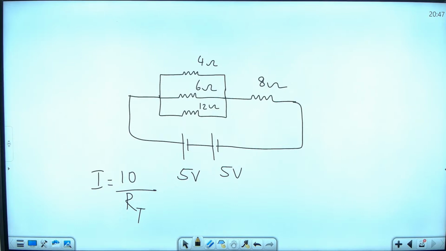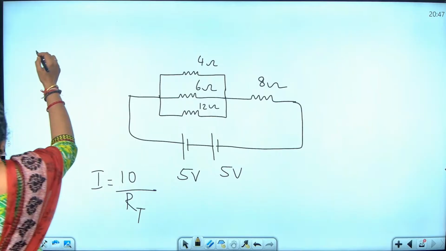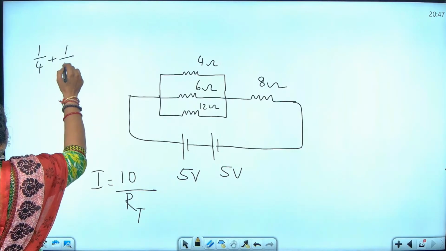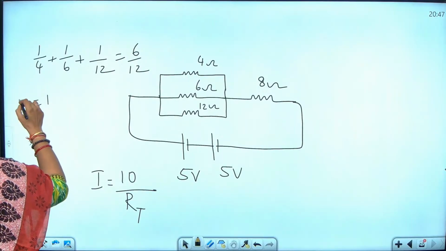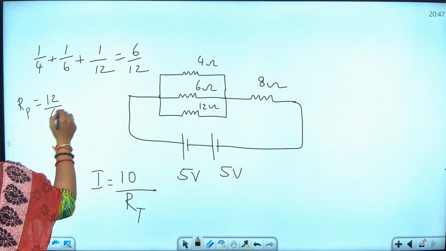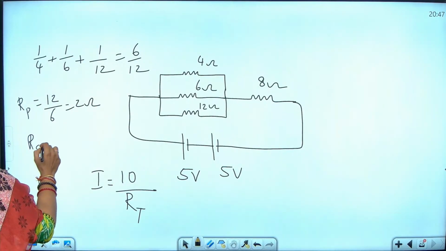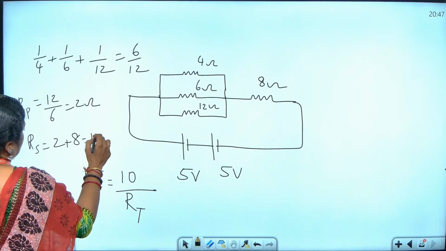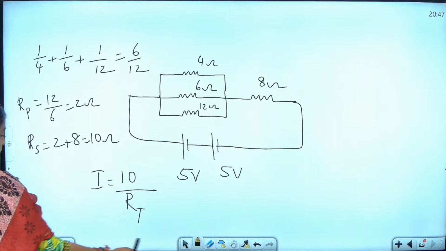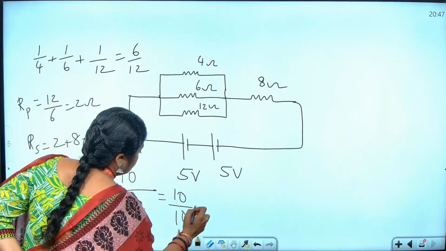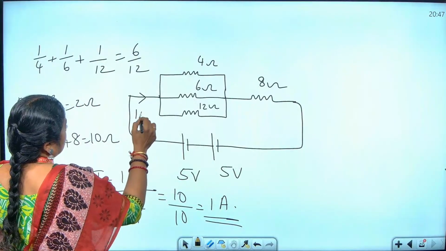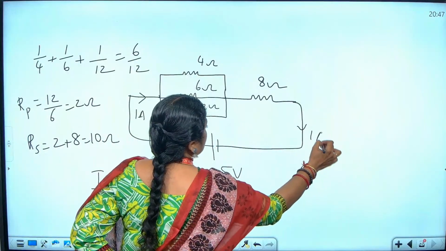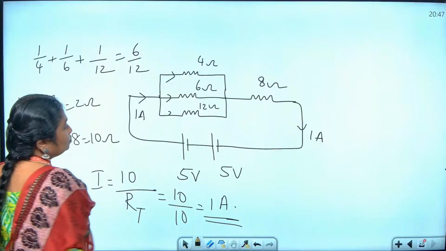So 10 by 10, 1 ampere you will get. Now this 1 ampere will split into 3.